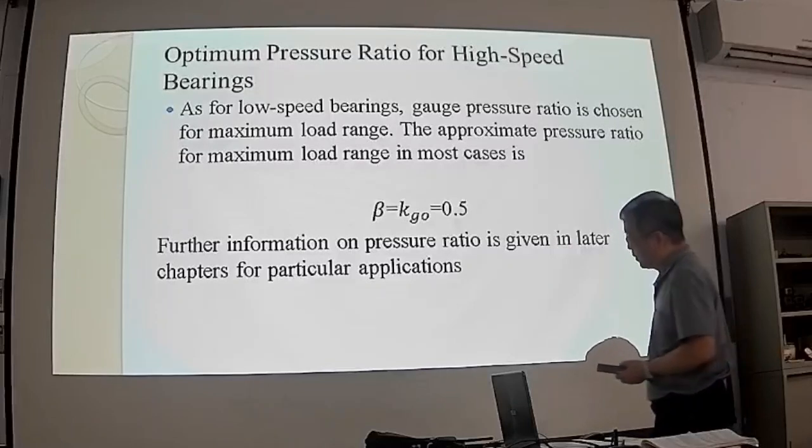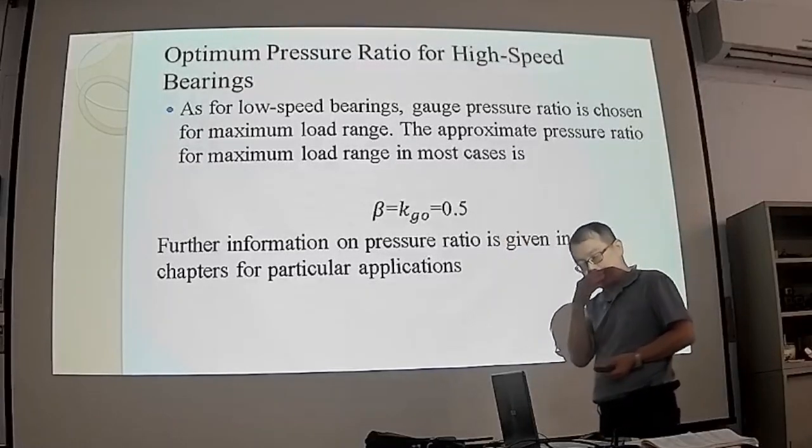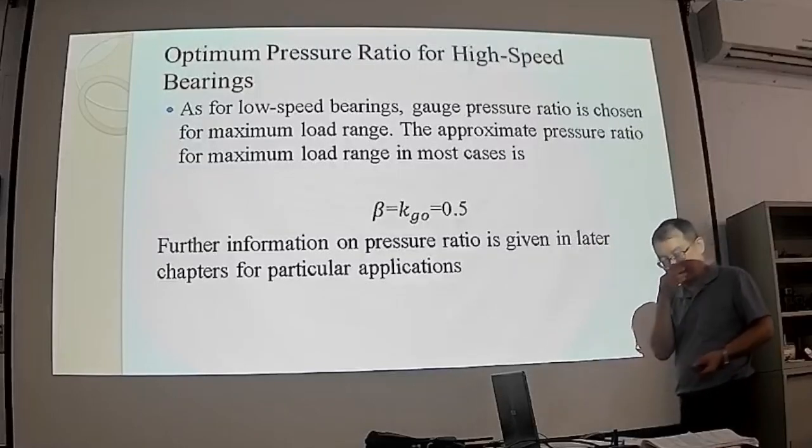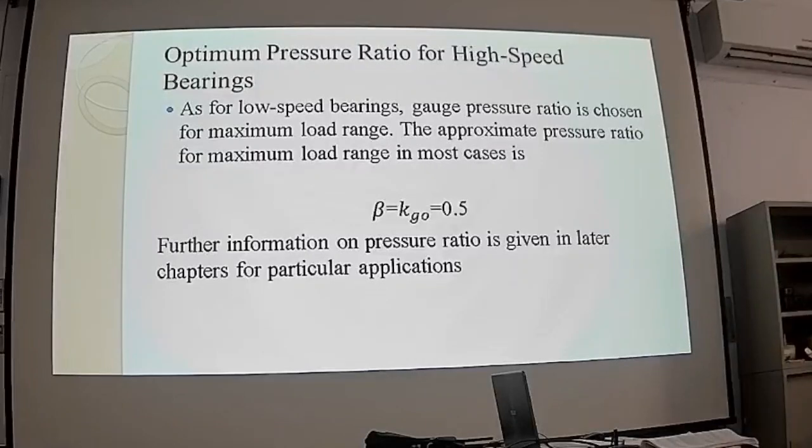This beta value equal to 0.5 means recess pressure is half of the supply pressure. This is the same as the rule of thumb. If you want to design, usually you will design like this. The recess pressure is half of the supply pressure.